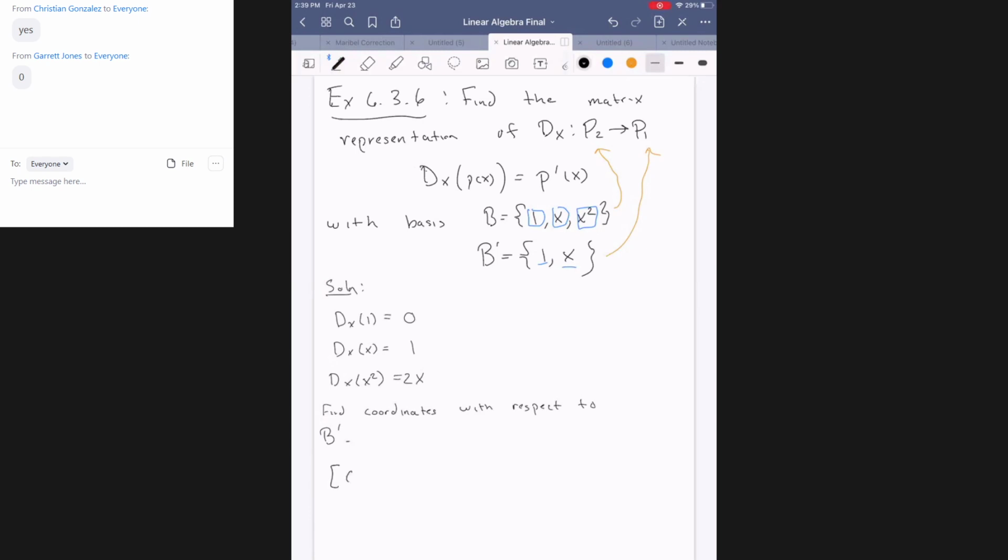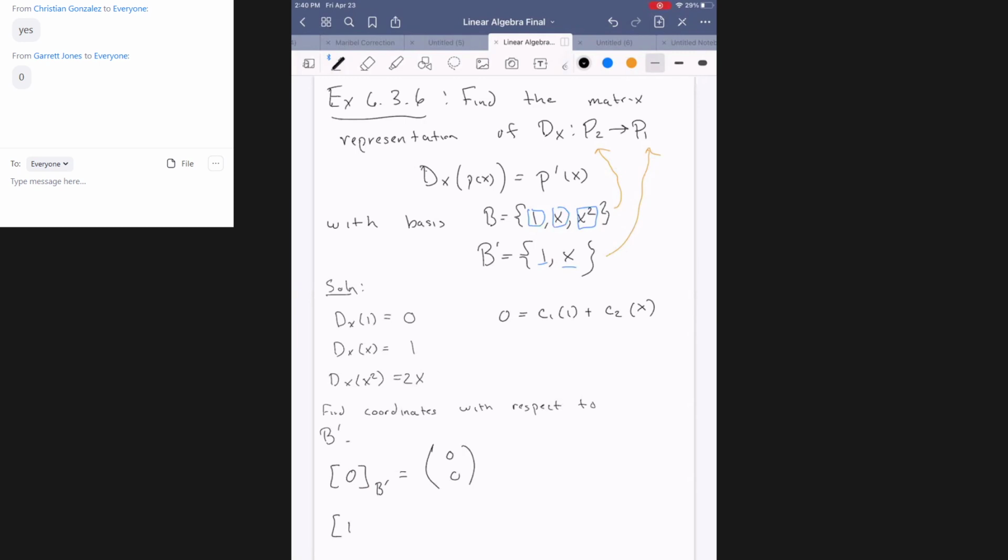Remember, all you have to do is 0 equals c1 times 1 plus c2 times x. So what is c1 and c2? 0, 0, right?